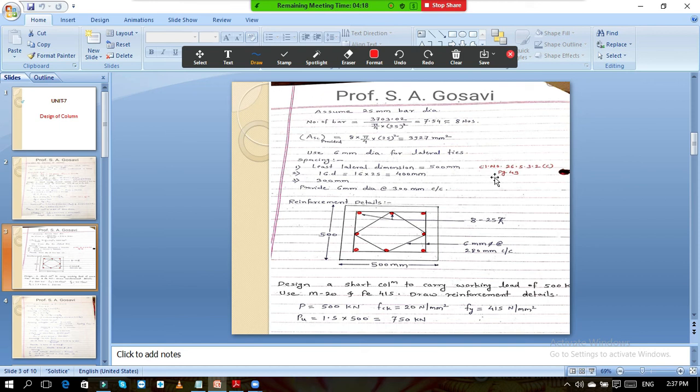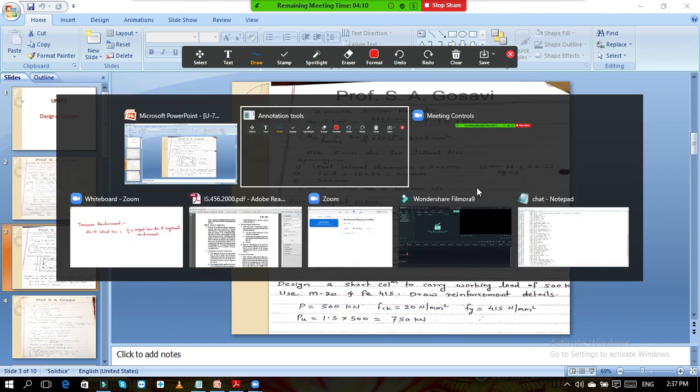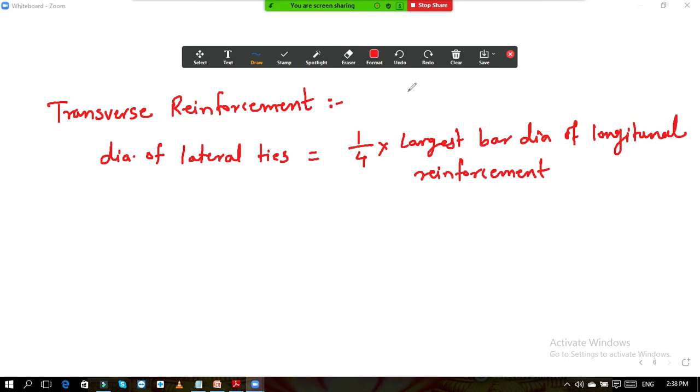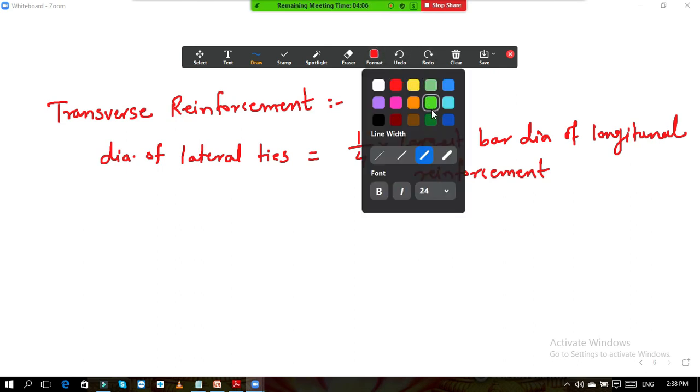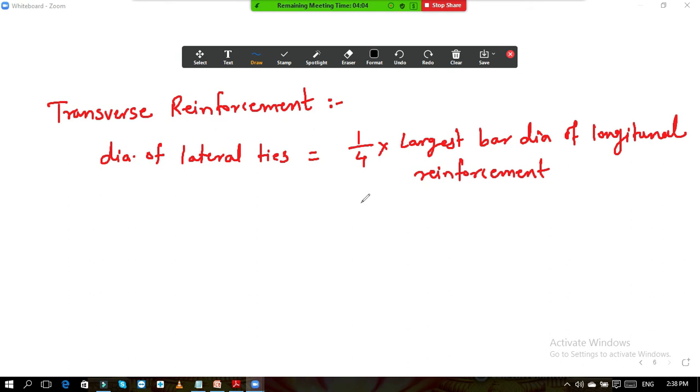Because it comes from clause number 26.5.3.2, page number 48. So it comes from the clause.